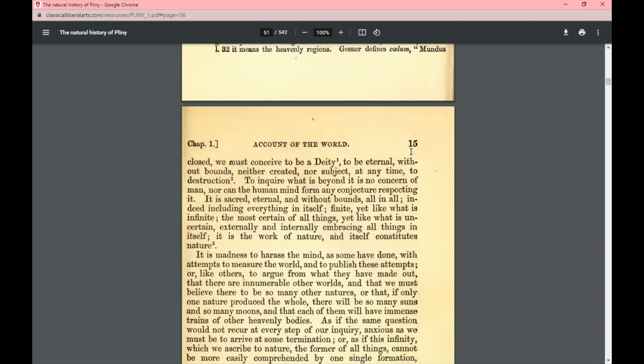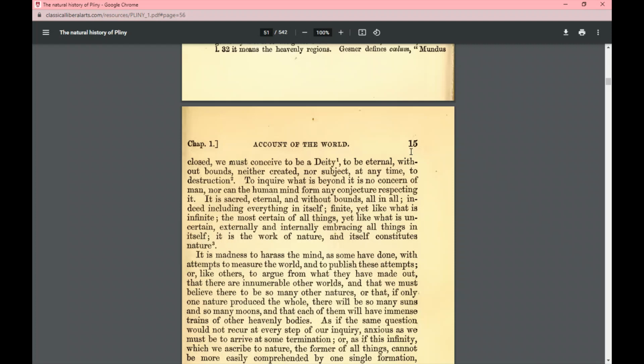There's no way for man to think of anything beyond the world, and it's a waste of time to do so. So he would argue that what NASA is doing, exploring outer space, sending satellites and all kinds of stuff out into space to go look for things, he says that's a waste of time.